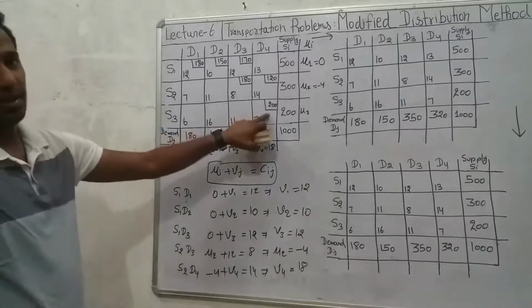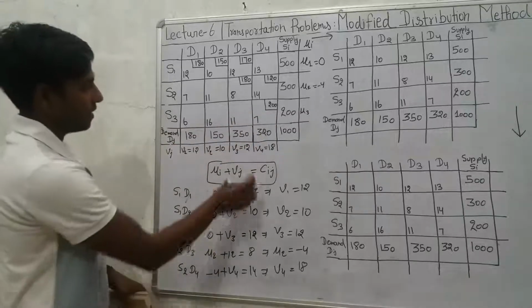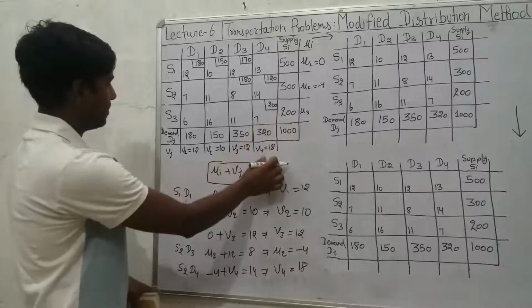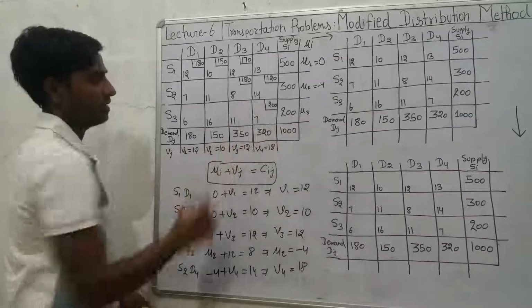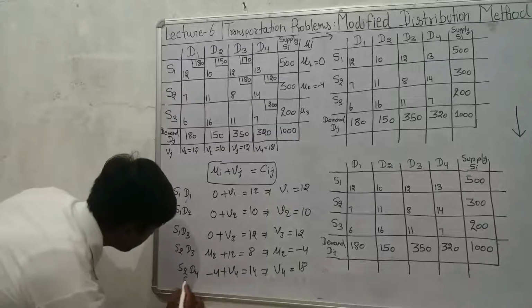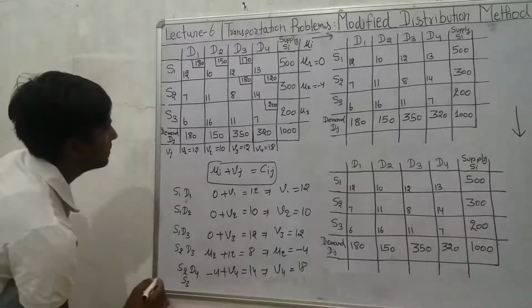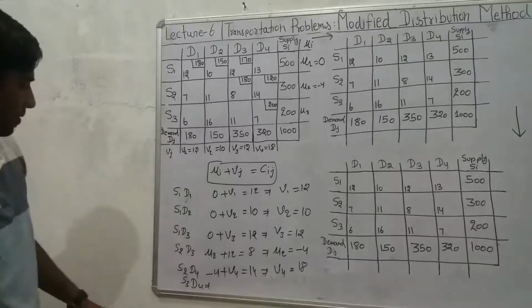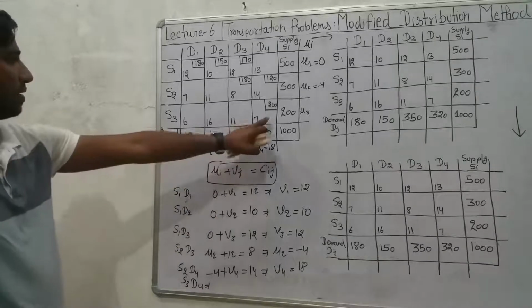Now come to this cell. In this situation, now we have two values, Cij and Vj, so we can calculate the value of U3. So for S3 and D4, what would be the formula?